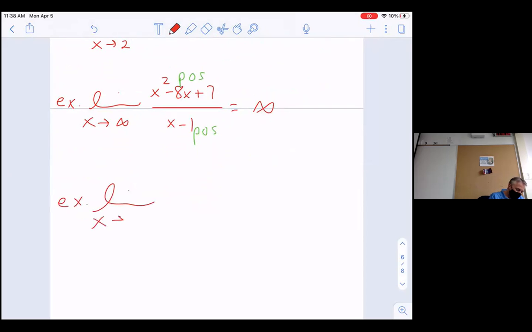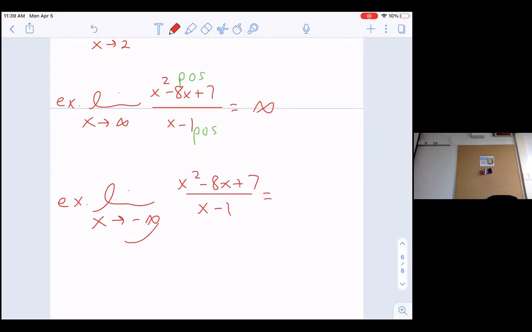All right, so now we're going to do the same function, but now finding the limit as x goes to negative infinity. So we're finding the limit as x goes to negative infinity of the same function.